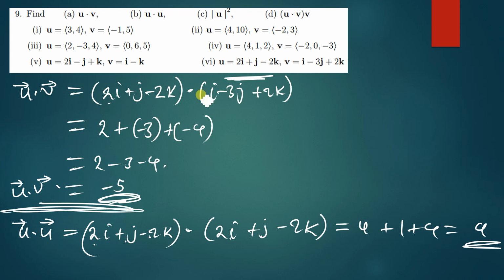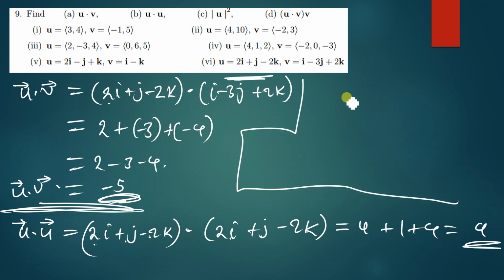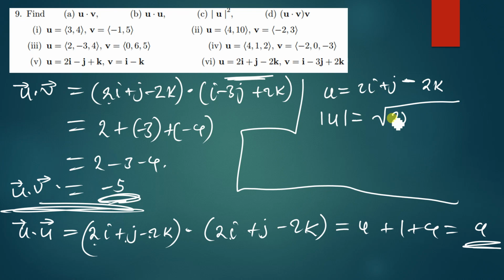Okay, so this part there, the magnitude of u squared. The magnitude of u, where is u? u is given as 2i plus j minus 2k. So the magnitude of u is the square root of 2 squared plus 1 squared plus negative 2 squared.